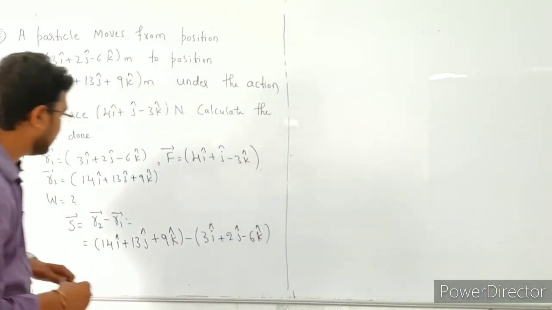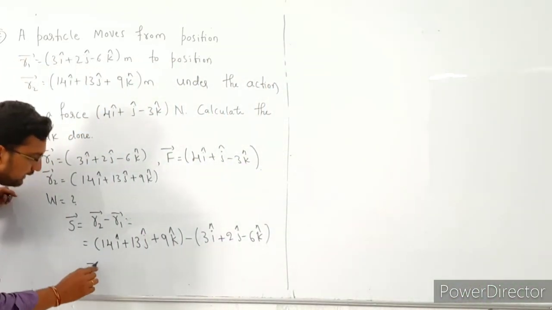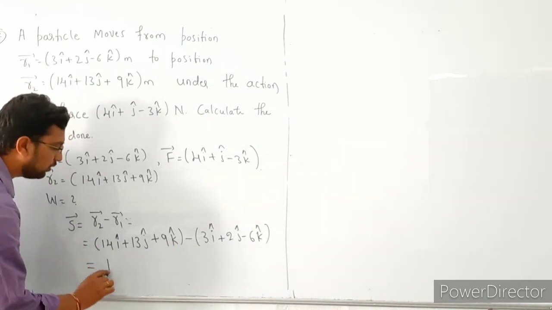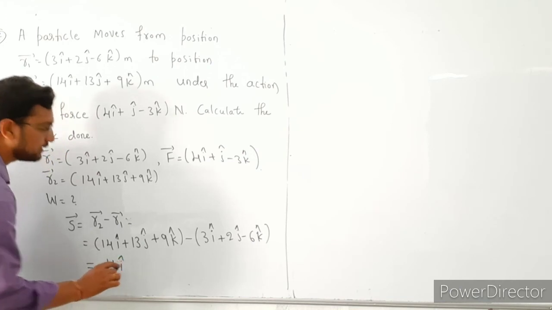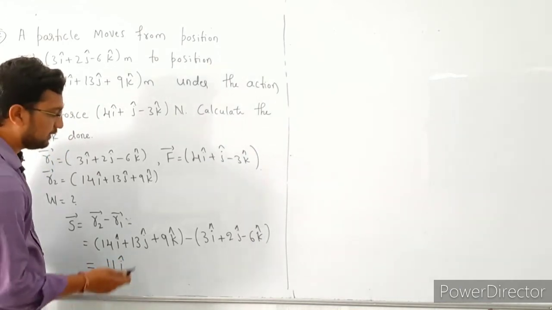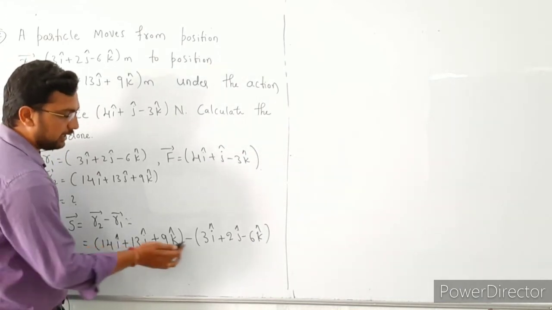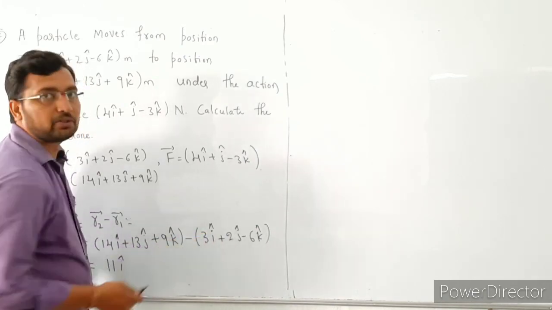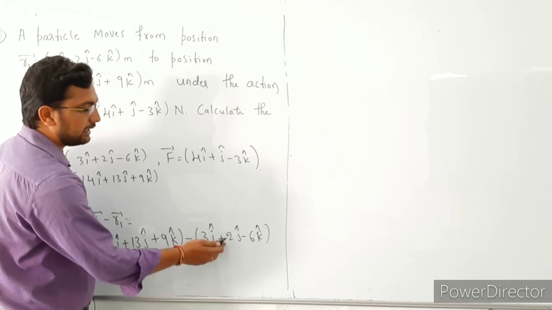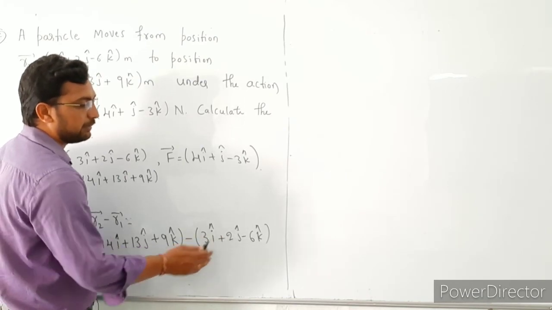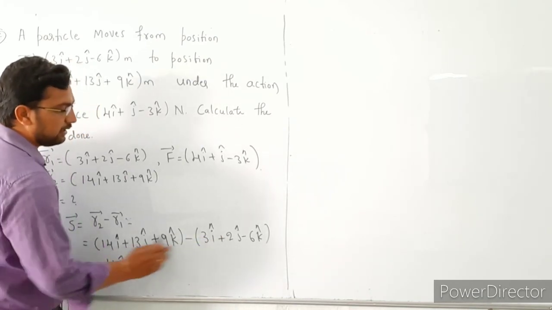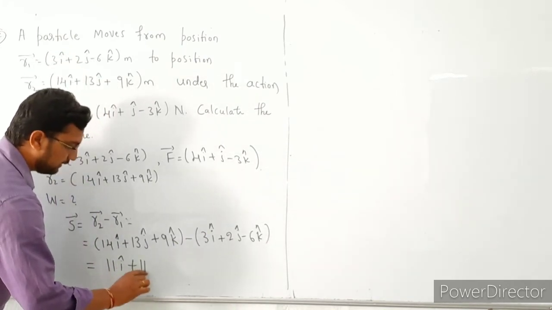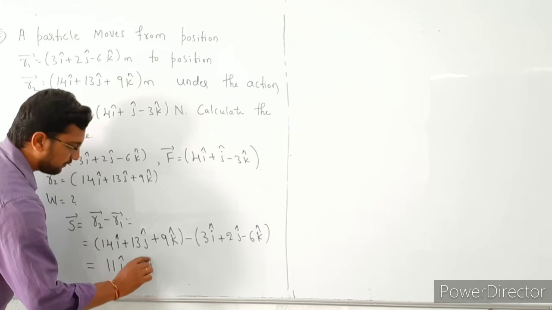Okay, see here, then S vector is equal to 14i minus 3i, so this is equal to 11i. After that, plus 13j minus 2j, because we multiply the minus sign, so this is equal to plus 11j.